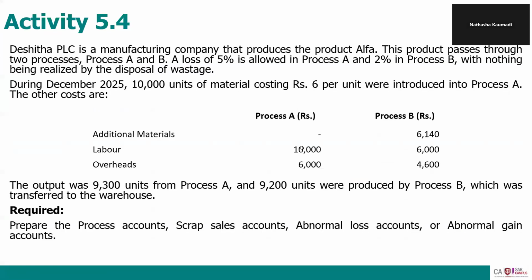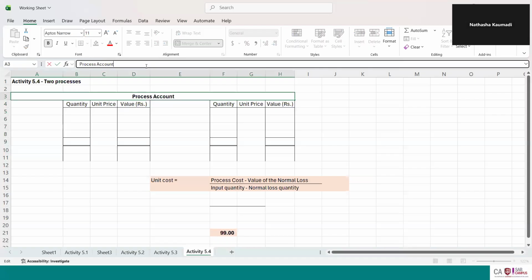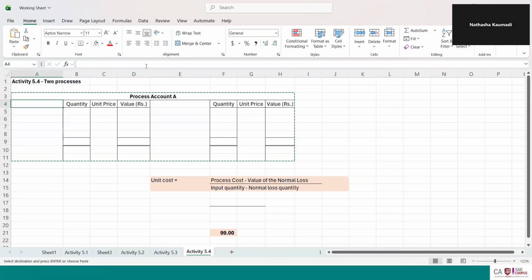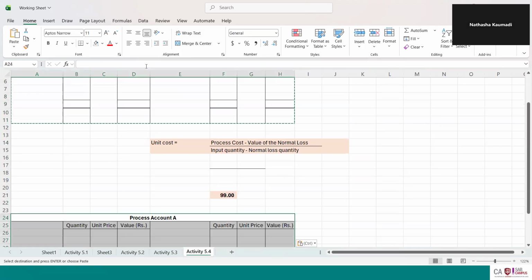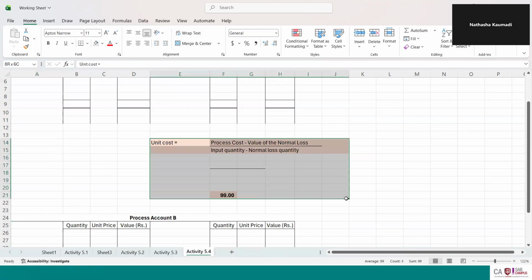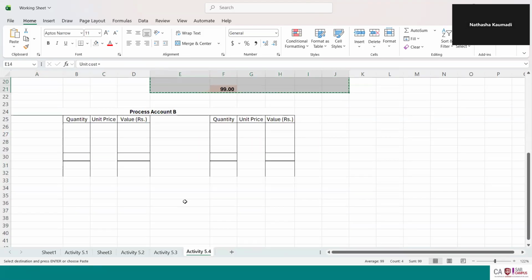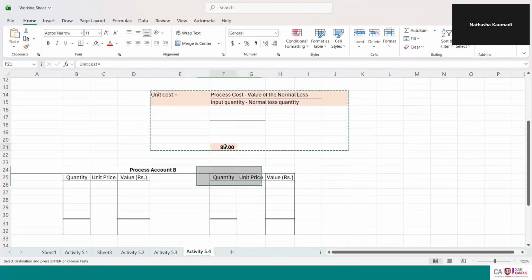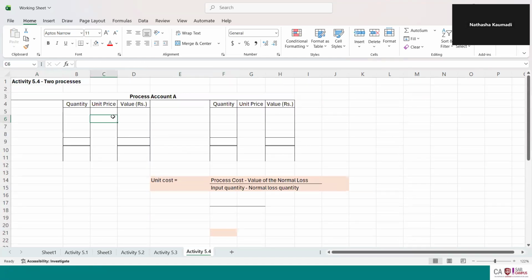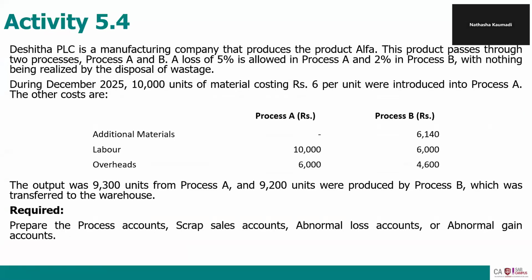This is process account A, and then I will copy paste the same account, process account B. Okay. We'll fill process A first. It says loss is there. That is okay.